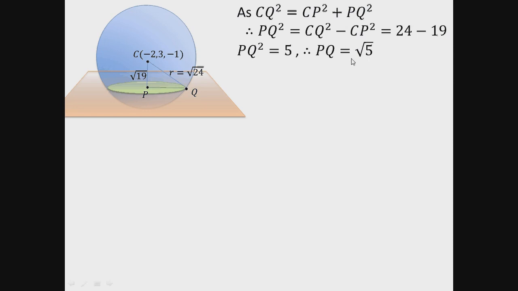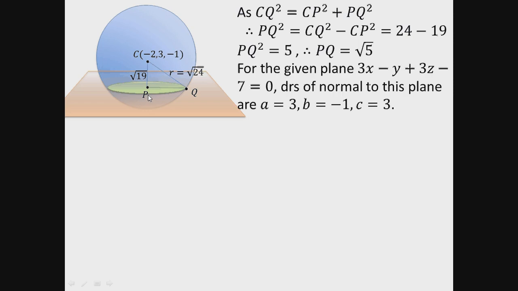Now the next part is we have to find the coordinates of P. We know the equation of the plane, that is 3x minus y plus 3z minus 7 equal to 0, so we can get the DRs of the normal. CP will be normal to the plane, so its DRs will be a equal to 3, b equal to minus 1 and c equal to 3.